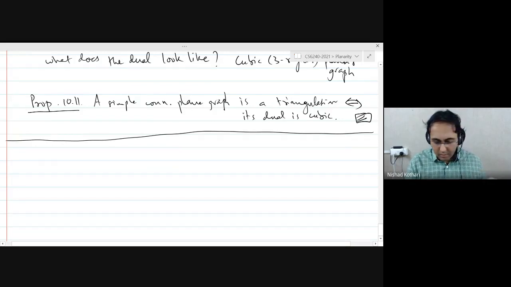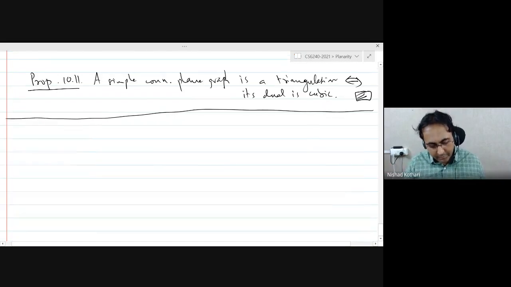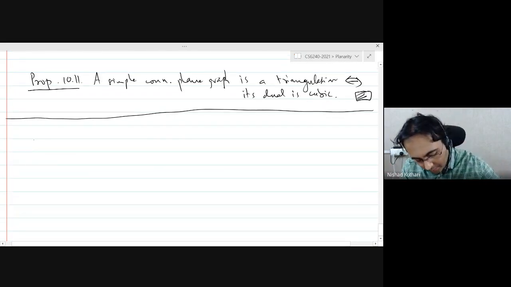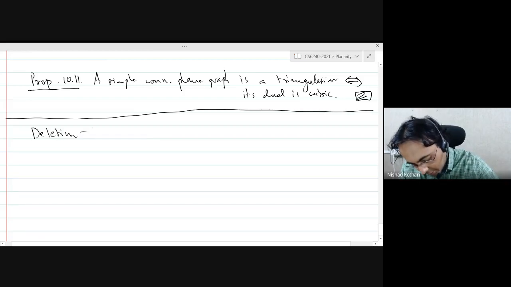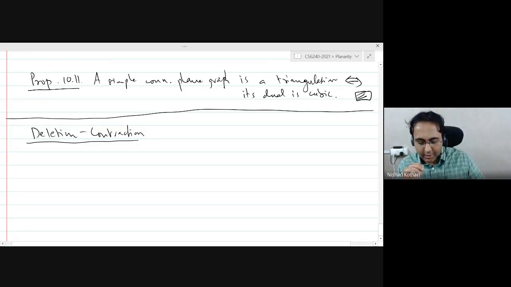All right. So now let's look at some other cool facts about duality. One of them has to do with deletion and contraction of edges. Turns out there is a nice relationship between the deletion and contraction of edges. One of the theorems where we saw deletion and contraction of edges is Tutte's wheel theorem, right?